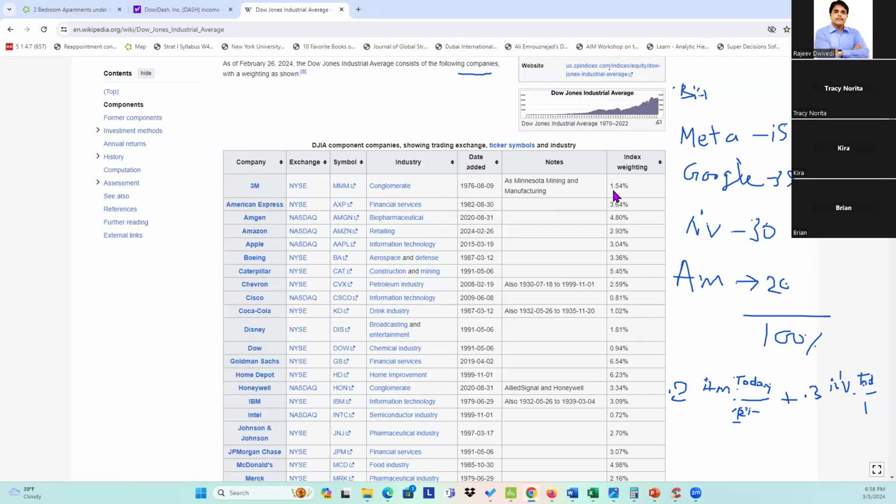And multiplied by 1.54. Similarly, American Express, 82: what is the current price, and on this day, what was the price? Keep doing all of them, and this decides today's Dow Jones index.